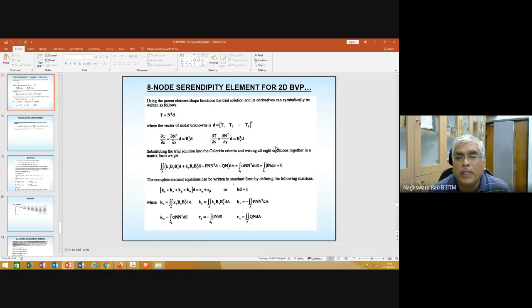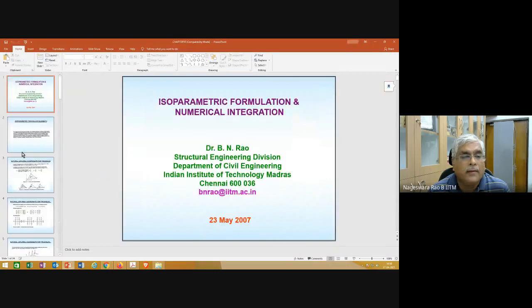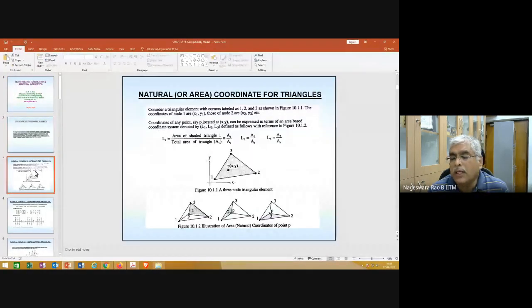So the next topic: please note that we have not looked at the triangular elements. We looked only at the 3-node triangular element. So how to derive the shape function for higher order triangular elements, that is the next topic.